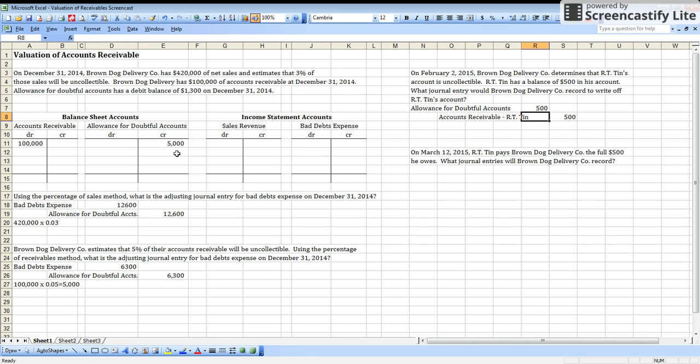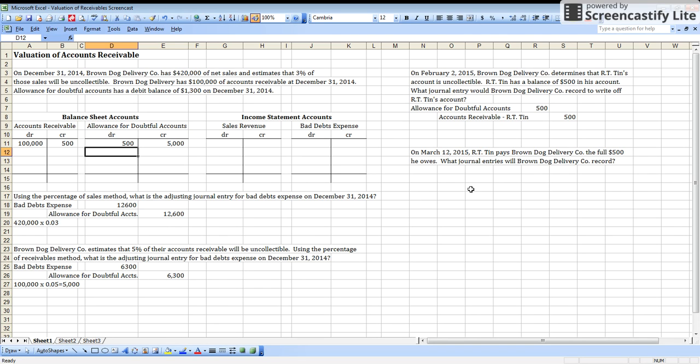We don't estimate that it's going to become uncollectible. We know that it's not collectible. So we would credit our accounts receivable for $500, and we would debit our allowance for doubtful accounts for $500. We wouldn't do anything to bad debts expense. That's been closed. We're not going to adjust it anymore. We just work through the allowance for doubtful accounts.